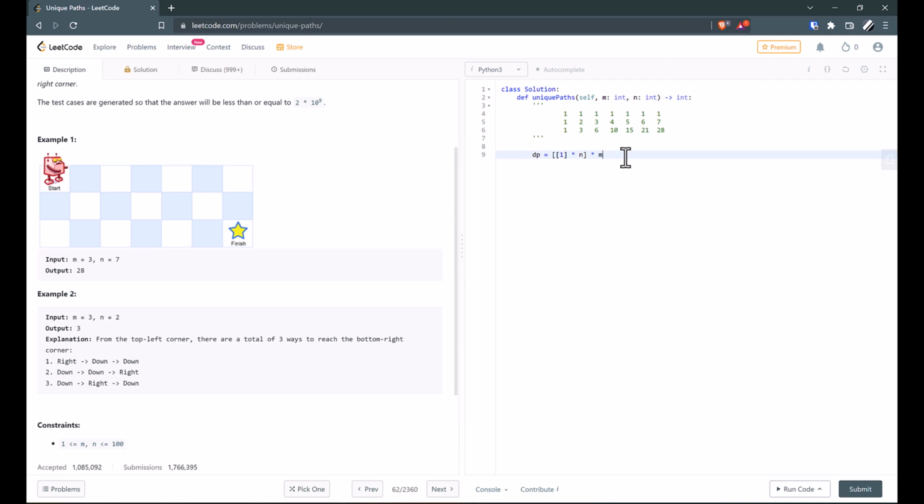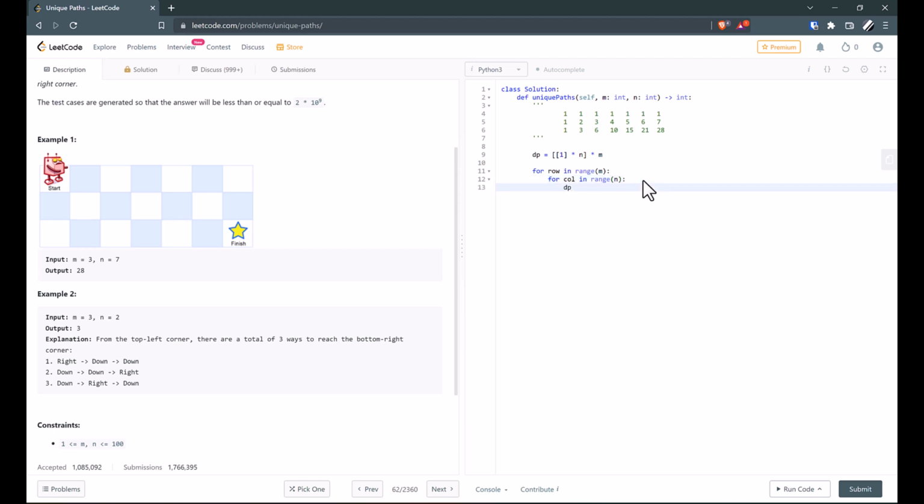That would give us a list of lists in Python with dimensions matching our inputs. Then for row in range m, that's our row, and for column in range n, that's our column.